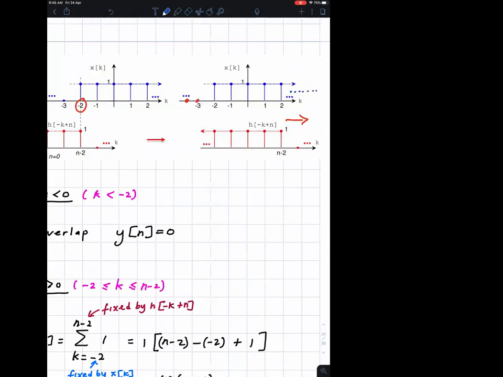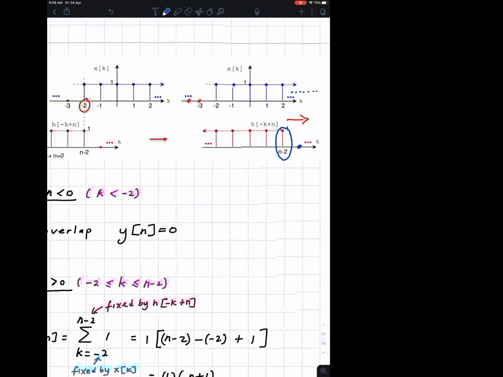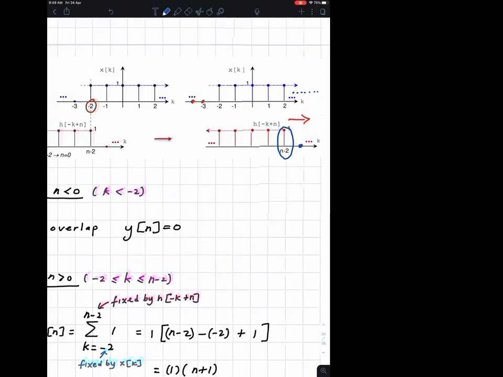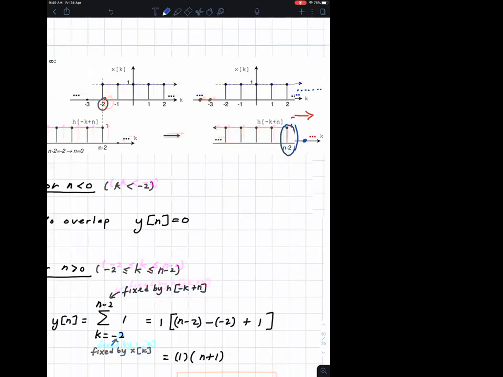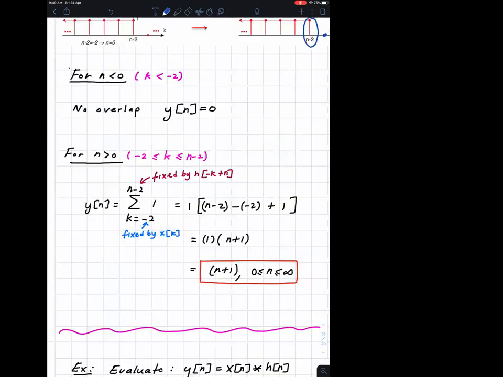But this one can, because the non-zero signal ended somewhere here, then it's going to be 0 after this. So this is the highest value, which is n minus 2. We don't know the numerical value. It depends on what the value of n is going to be. So that's how we decide the upper and lower limit. Get used to it. If you're confused, from problem to problem it may differ slightly.